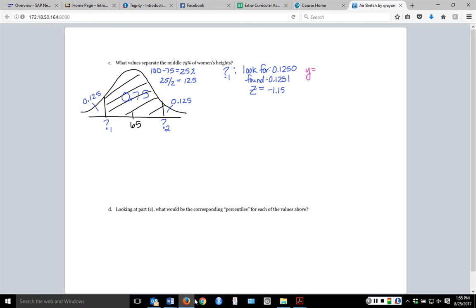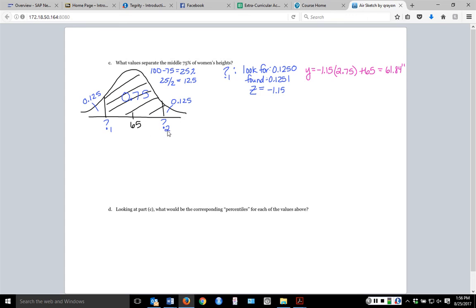So this time my Z is negative 1.15. Standard deviation was still 2.75. Mean was still 65. And so I get 61.84 inches for that one, which makes sense. It's below my 65.